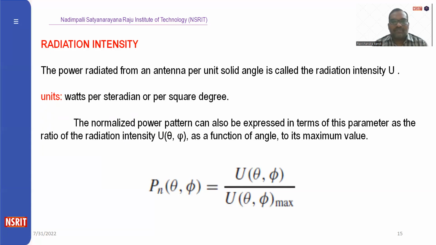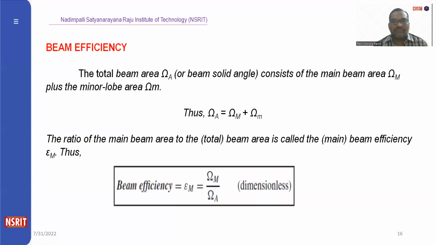The expression for the radiation intensity is given below. The normalized power pattern can also be expressed in terms of radiation intensity as the ratio of radiation intensity as a function of angle to its maximum value. The mathematical representation is given below.